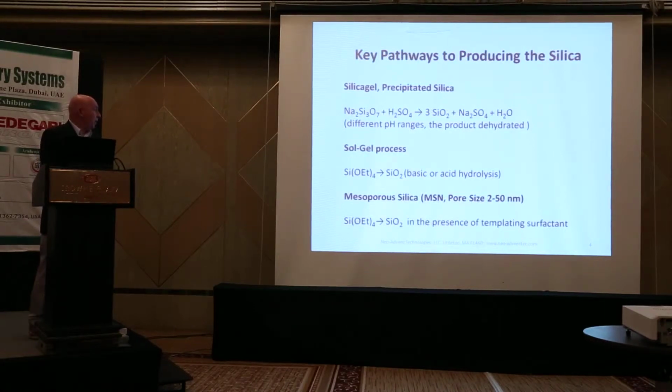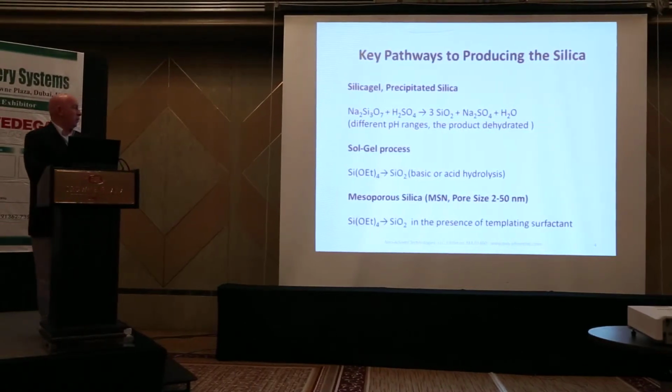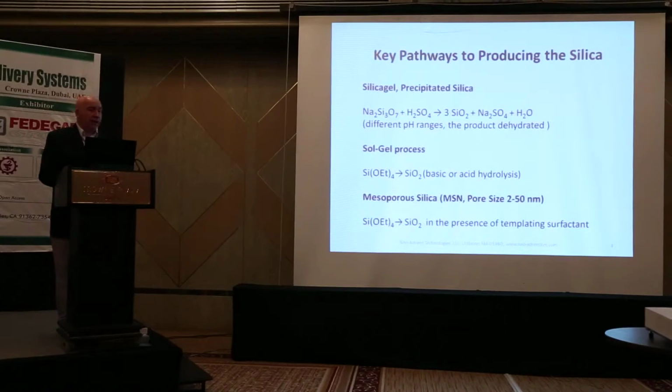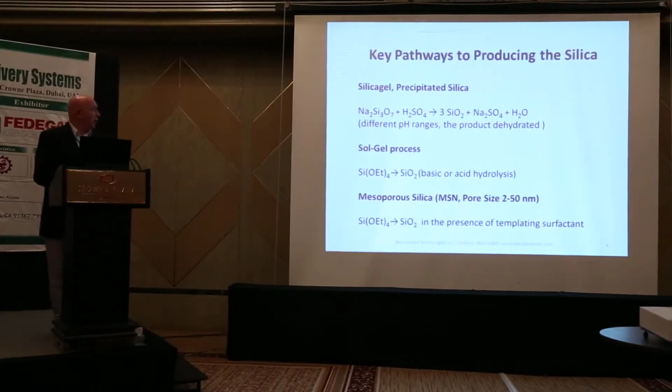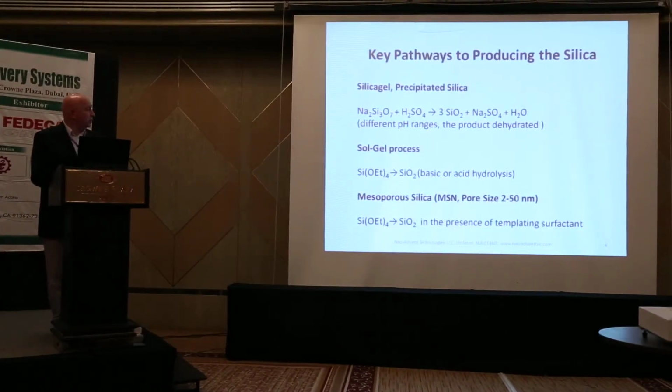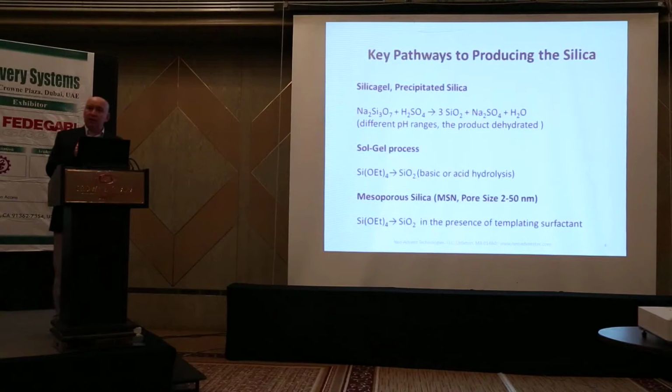And also, probably the most exciting area that people started developing in the last 10 years is what's called mesoporous silica. It turns out that if you run the sol-gel process under certain conditions, typically in the presence of surfactants, you can produce very small 2 to 50 nanometer particles with very organized structure and very small pores. And that's part of my talk.